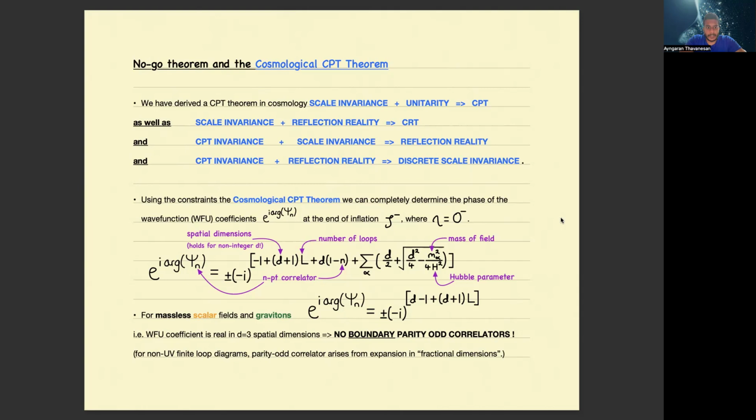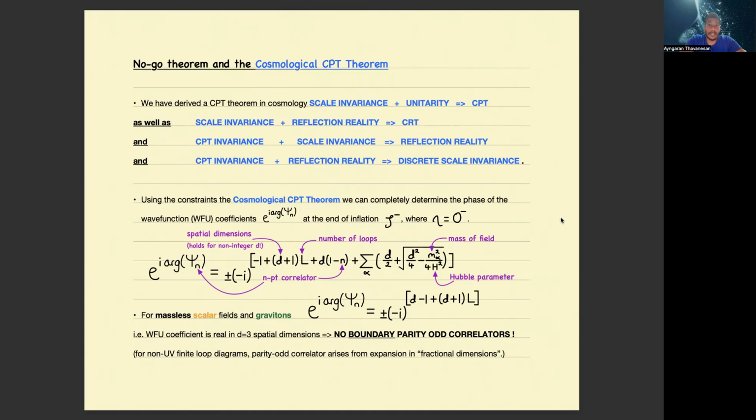And one particularly interesting thing one can do is completely determine the phase of the wave function coefficients. And it has this particular closed form, which holds for any spatial dimensions as well as non-integer dimensions and any loop order and any mass field for any endpoint correlator. And for the particular case of massless scalar fields, as well as gravitons, we find that in our universe for d equals 3 spatial dimensions, there are no boundary parity odd correlators.